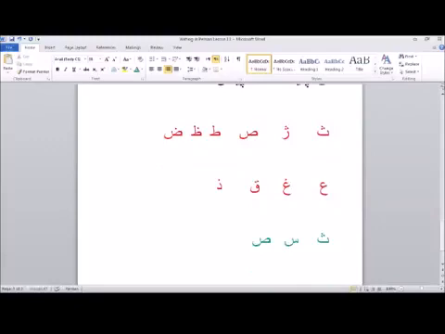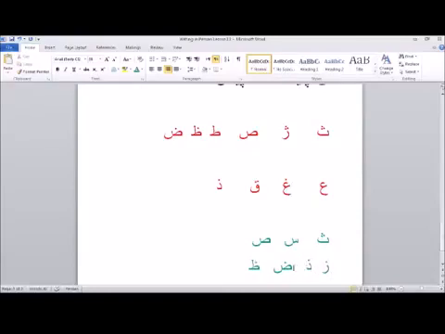We also have z, and this one, and this one, they all have the same pronunciation. They are different letters. Fortunately, this one is very common in Persian.